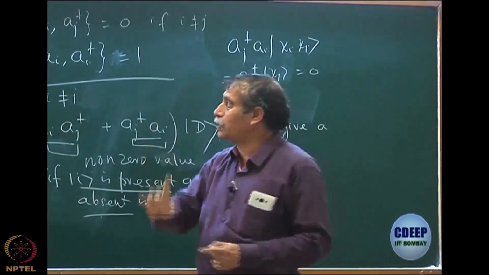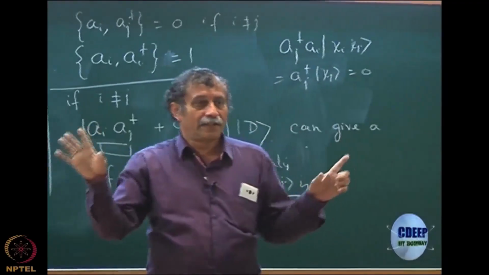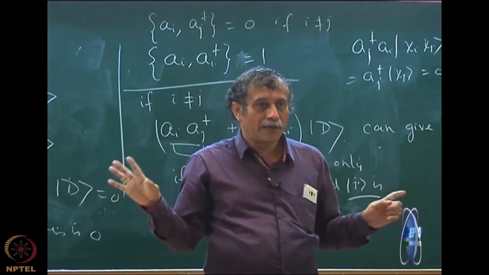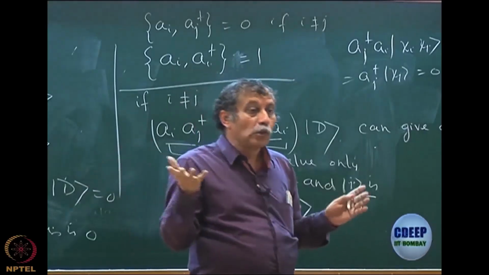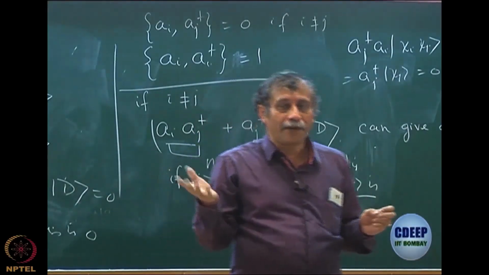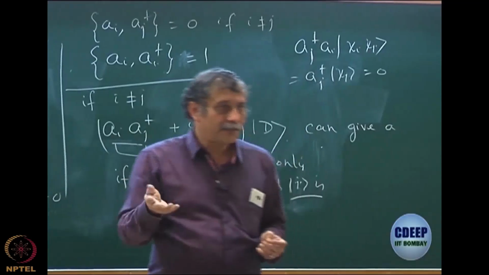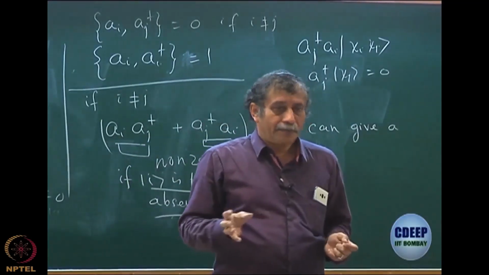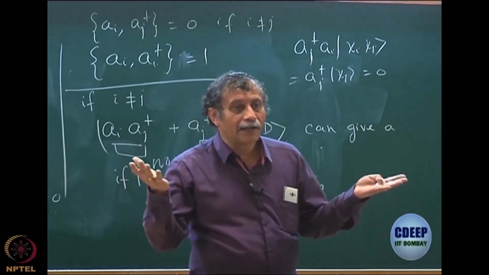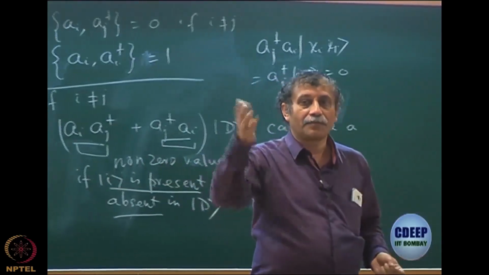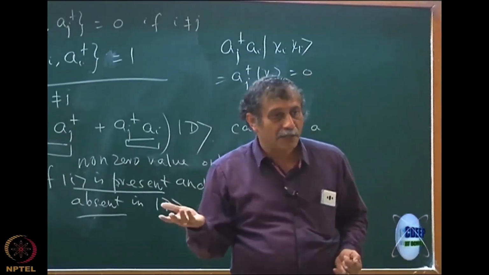First we had shown that the anti-commutator of a_i dagger and a_j dagger is 0. Then I argued that the annihilation operators we defined are the adjoints of the creation operators. So the anti-commutation relation of the annihilation operators comes straightforwardly from the adjoint of the creation operators.